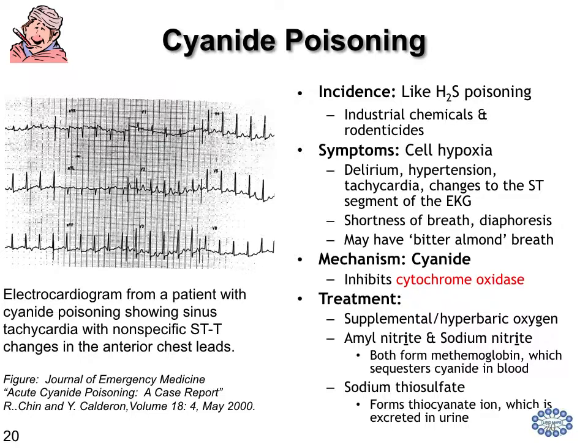In this case, there's a telltale smell on the breath of bitter almond, characteristic of cyanide. Its mechanism is similar to hydrogen sulfide. It is inhibiting the electron transport chain, in particular cytochrome oxidase. And the treatments are very similar to that for hydrogen sulfide.